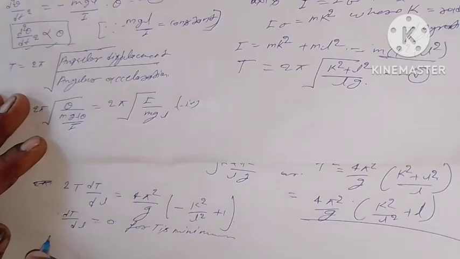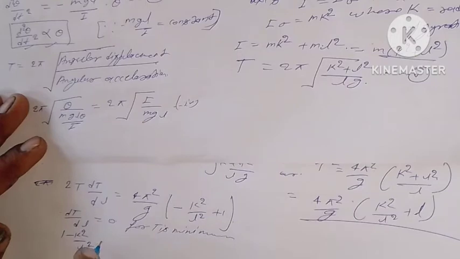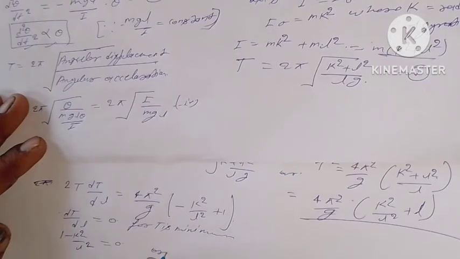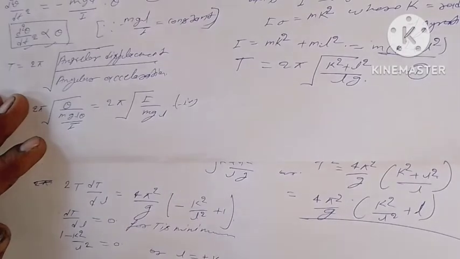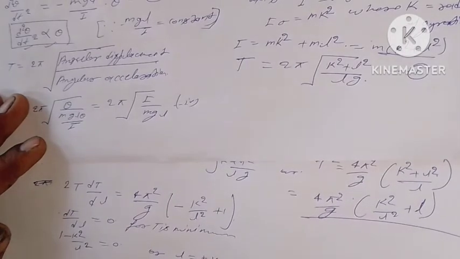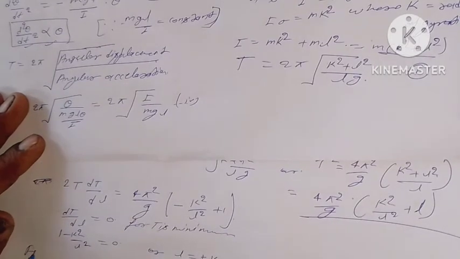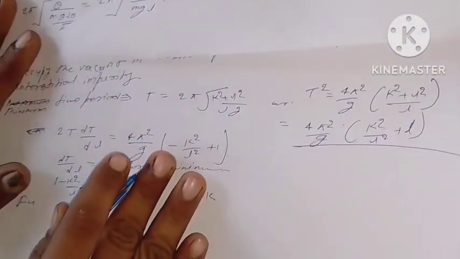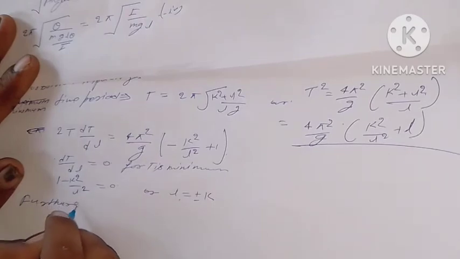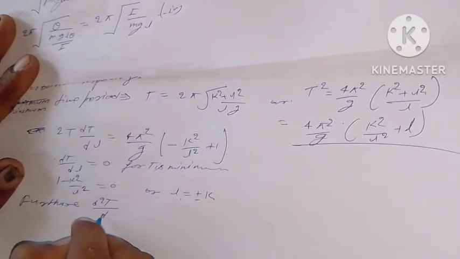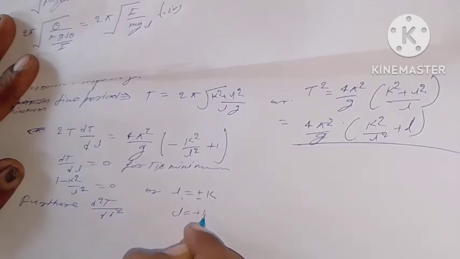Then 1 minus k square upon l square equals 0, or l equals plus minus k. Further, d square T upon dl square comes out to be positive if l equals plus k.